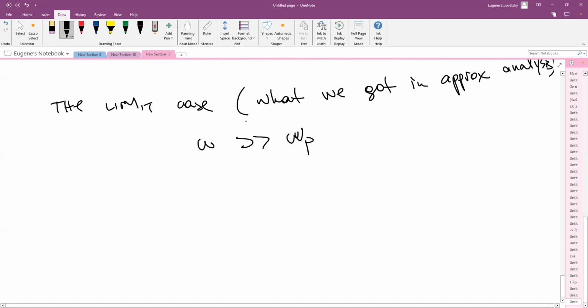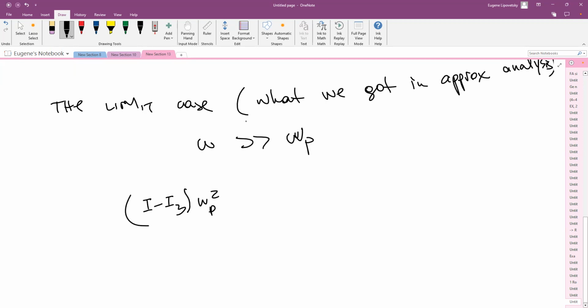In that case, the first term in this quadratic formula is much smaller than the other two. So (I minus I_z) omega p squared cos theta is much smaller than I_z omega p omega plus WL, all right? Because omega p is smaller than omega.